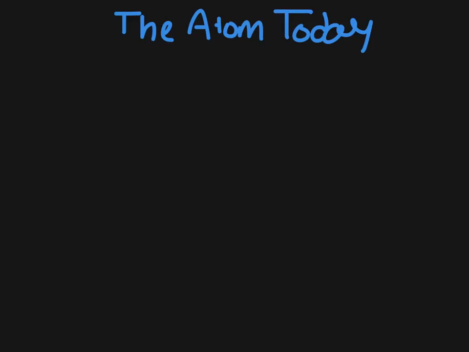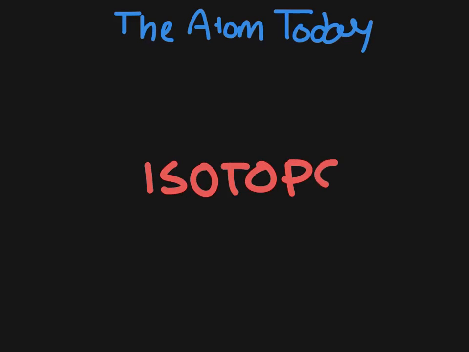In addition, since J.J. Thomson and Ernest Rutherford, we have learned about something known as isotopes. What isotopes are, are atoms of the same element, right? But they have a different number of neutrons. So say we had hydrogen.